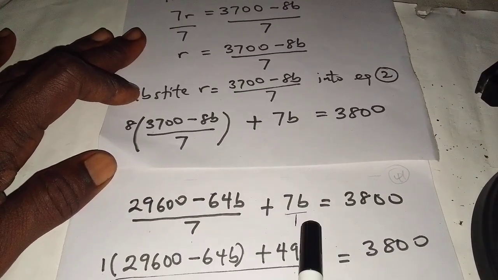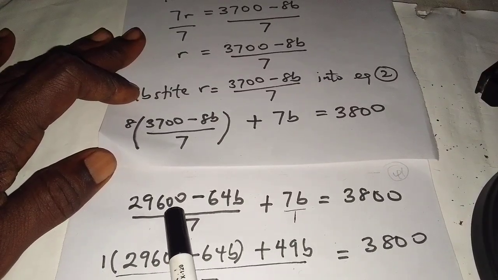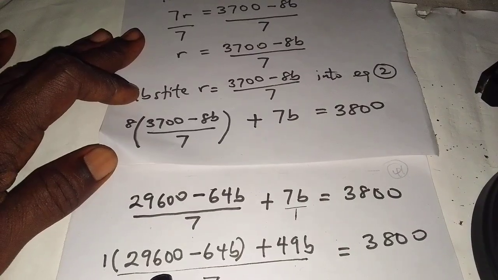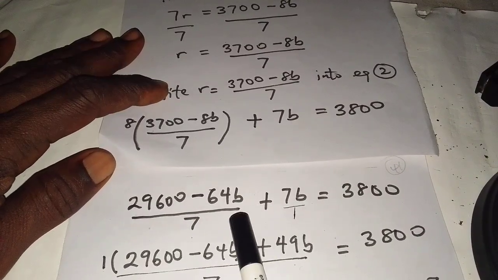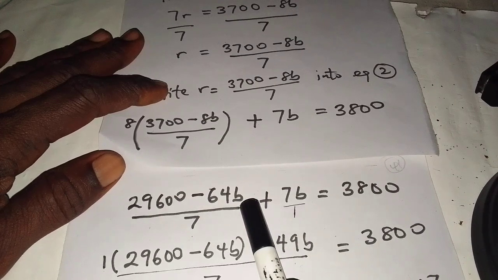Now, I will not treat this like a fraction. The LCM of this and this is 7. How many 7s are here? 1. 1 times 29,600 will give us 29,600. Then we have 64B.